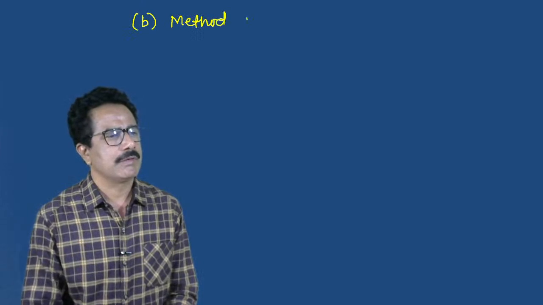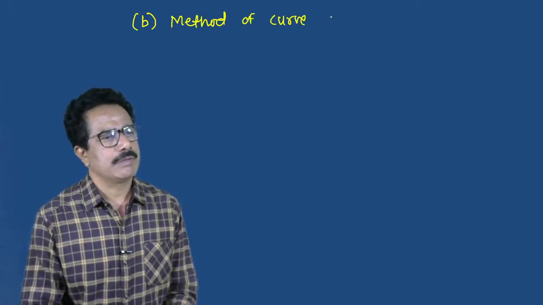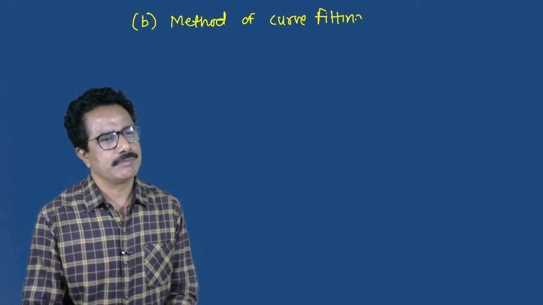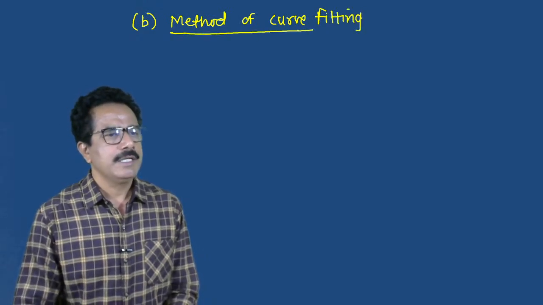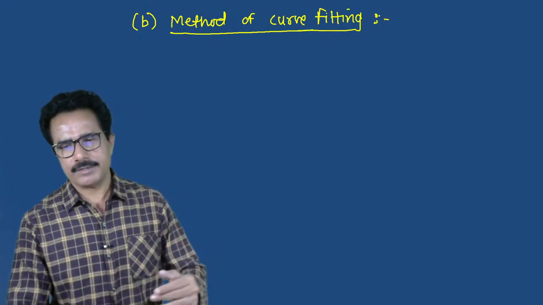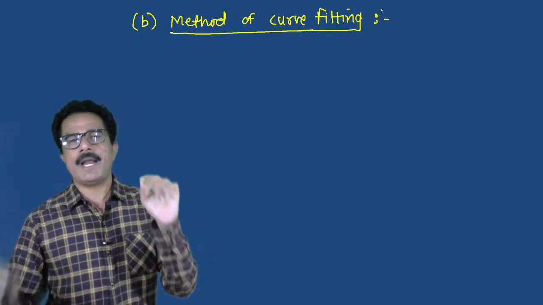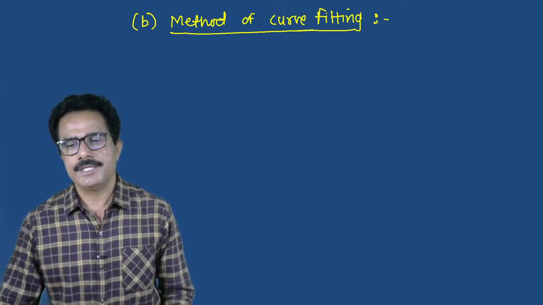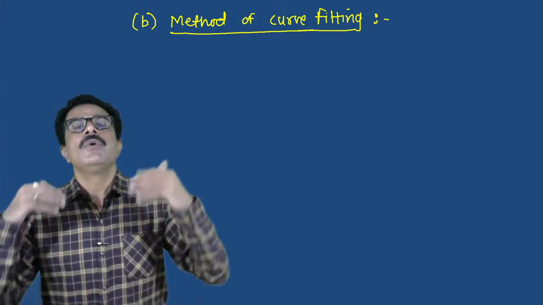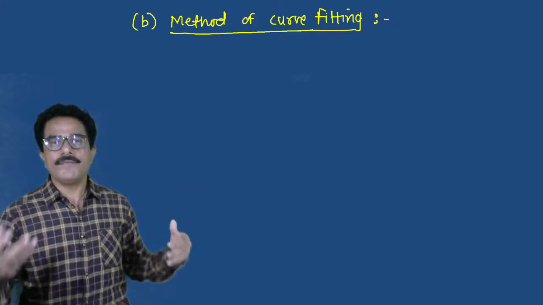Next we shall discuss the second method, that is the method of curve fitting. Now this is the second method, curve fitting. Note that this method can be applied only when the form of a function is known.